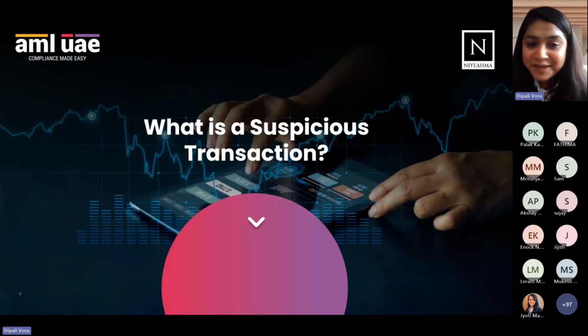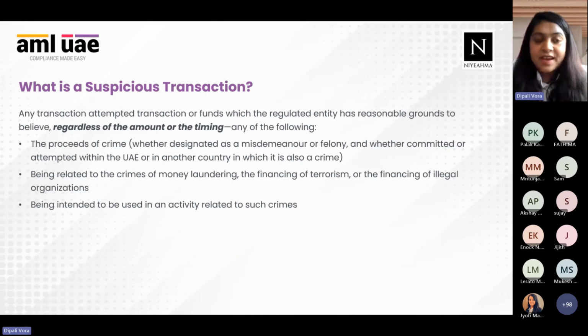So now the main topic: what is a suspicious transaction? A suspicious transaction could be a transaction which is at the initial stage, that is at a proposed level, or it is at an in-progress level, or it could be a completed transaction. Now, at any of these three stages, if you believe that the amount used is an outcome of some criminal activity which is punishable under the act by way of misdemeanor or felony.